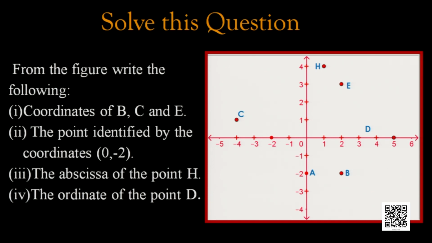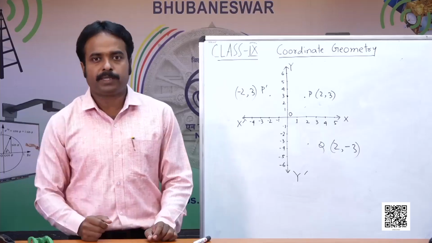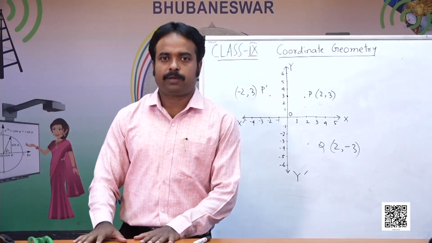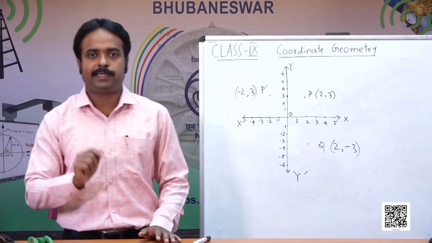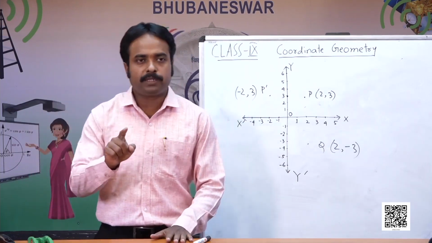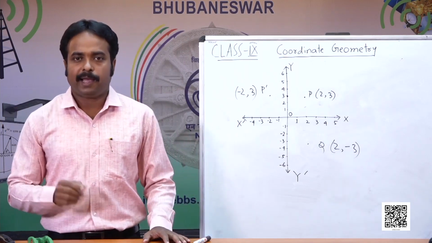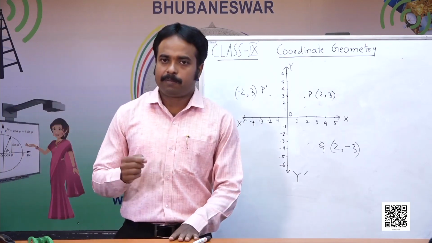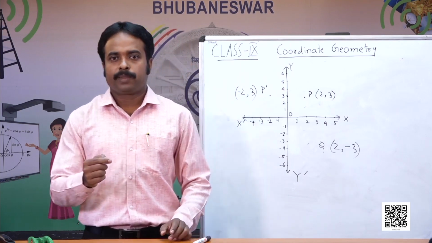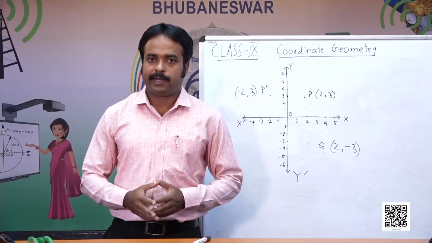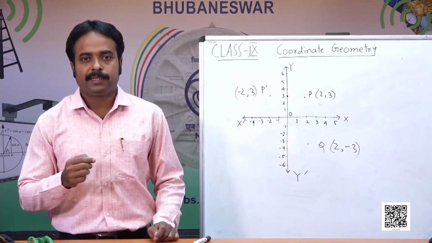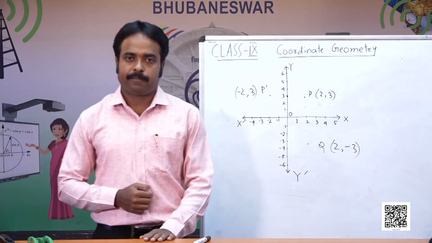Now, to find the coordinates of the point B, it is very clear from this Cartesian plane that we have to go 2 units along the x-axis, obviously the positive direction, and simultaneously 2 units along the y-axis, and the direction of the y-axis is negative here.